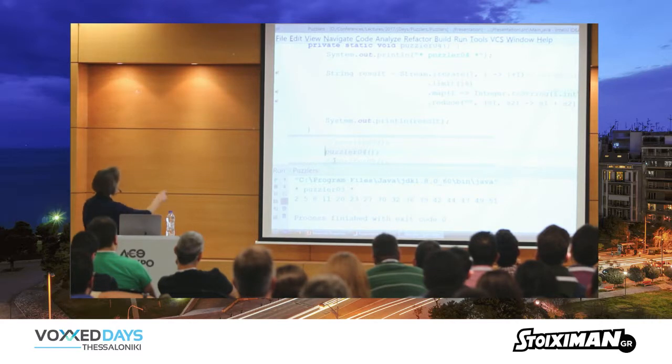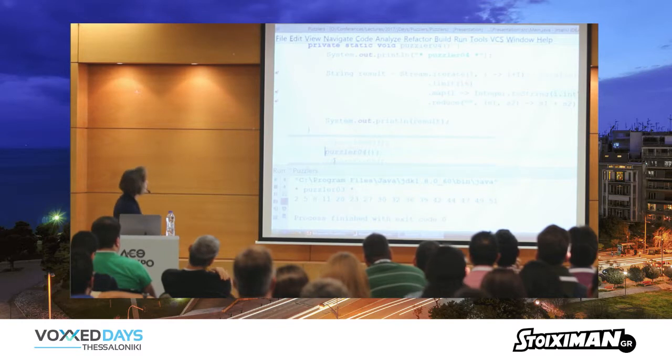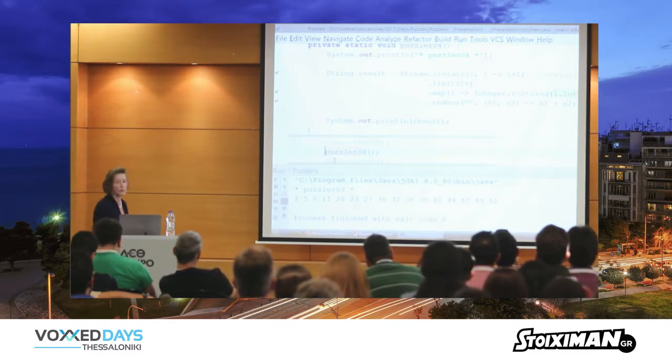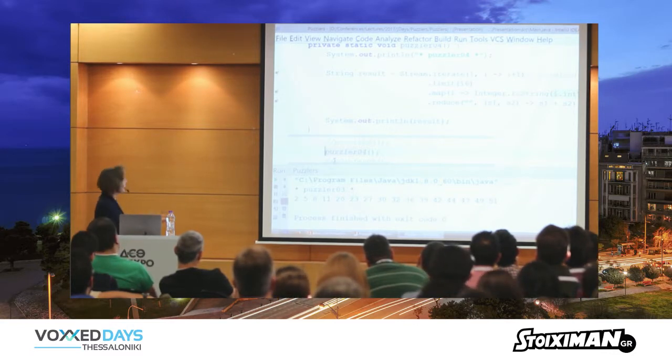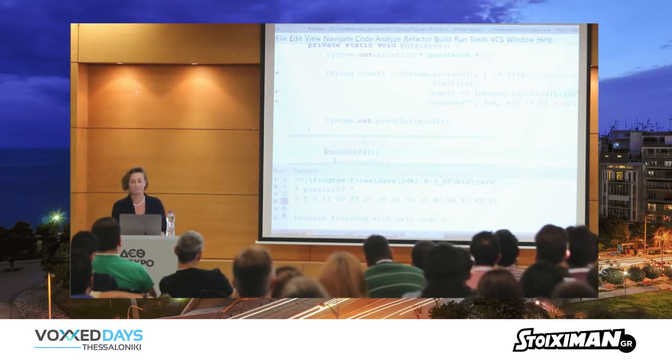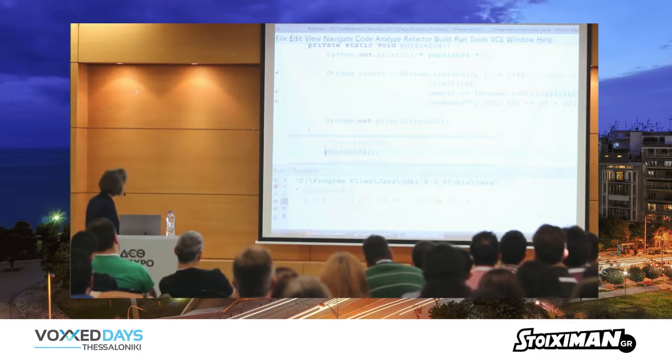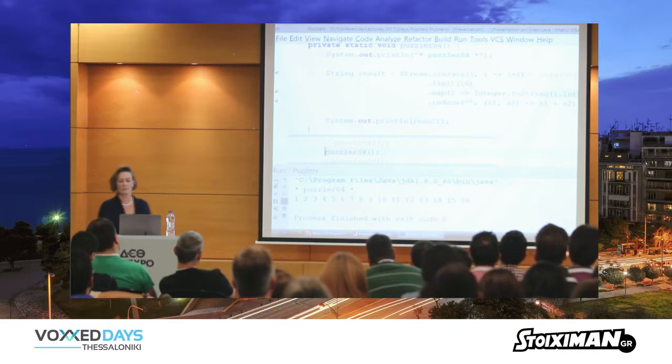So, you see, I take the seed being 1, regular integer 1, and my unary function is i plus 1. So I increment. And then I limit to 16. And then I do the same mapping to strings, and the reduction, the concatenation. So if we run this sequentially, we will see the expected sequence of 1 to 16, no doubt about this.